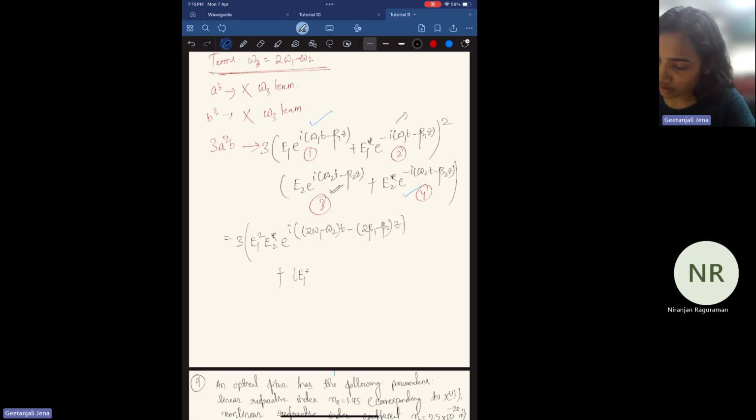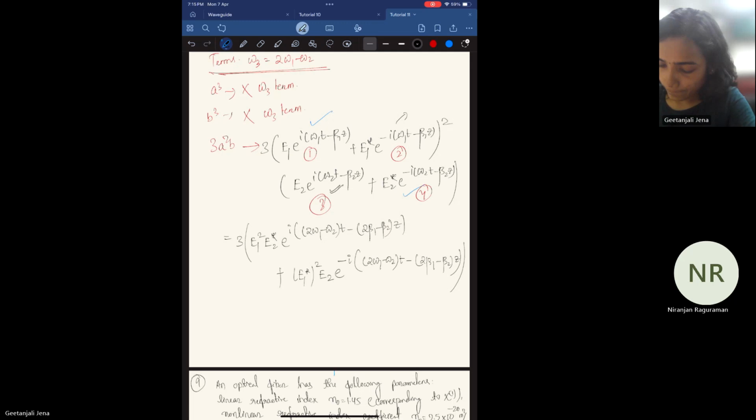So E1 star... E2, e to power minus I (2 omega 1 minus omega 2)t minus (2 beta 1 minus beta 2)z. So this 3 a square b will give a term like this.